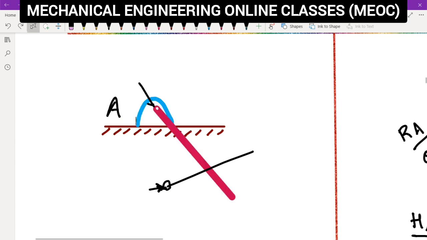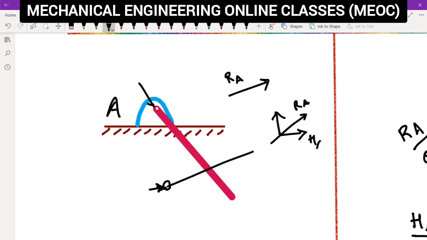So we can assume that there is some normal reaction like this. At different angles of rotation, there is a different direction of RA. But one thing we know for sure is, no matter how RA is, RA can always be split into two rectangular components. One component is the vertical component, the other is the horizontal component. This is RA, for example.